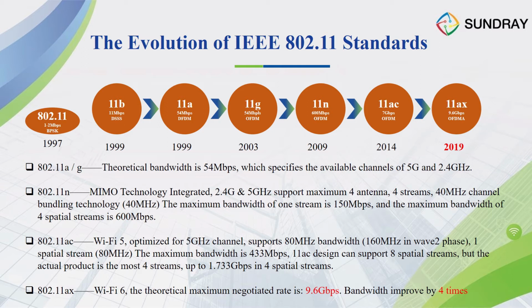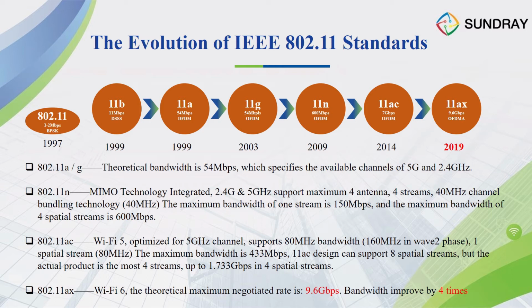And then in the year 2019, we released a new protocol, the 11ax, and we call it Wi-Fi 6. This speed can be 9.6 gigabits per second.